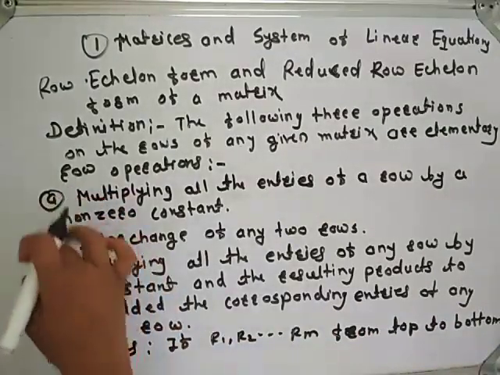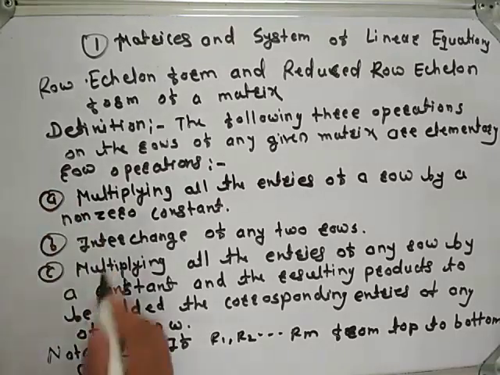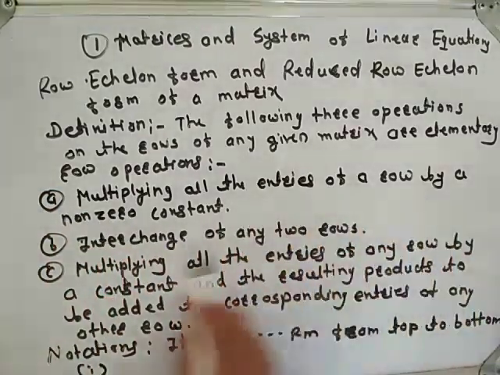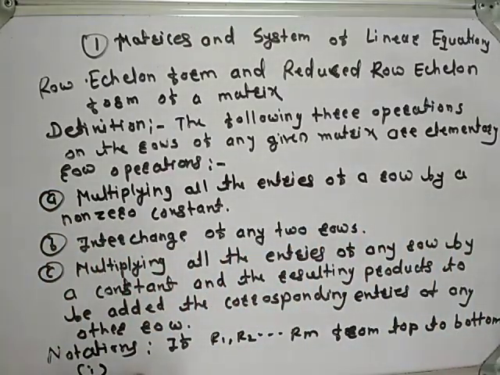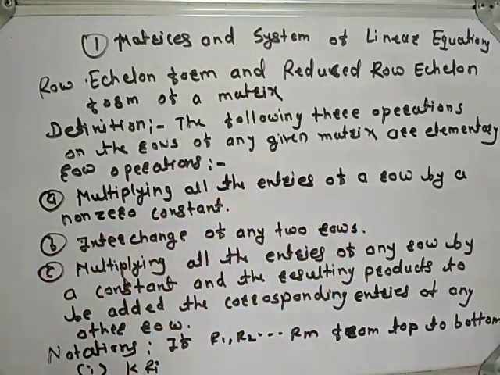Then these three elementary row operations can be conveniently expressed in the following manner. First row operation is multiplying all the entries of a row by a non-zero constant. Suppose k is any non-zero constant, then k into Ri.